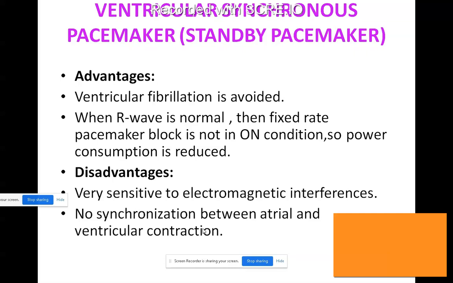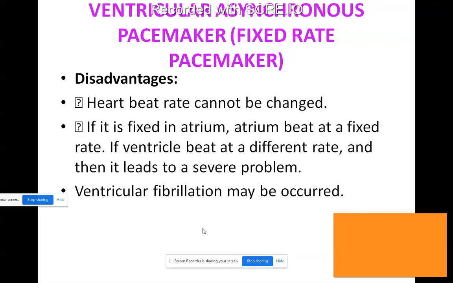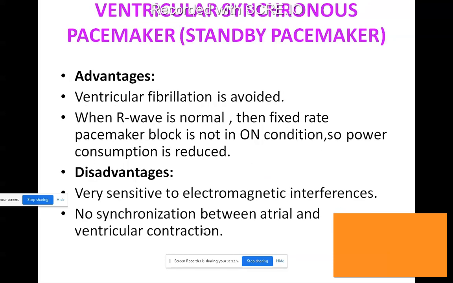The advantage of the ventricular synchronous pacemaker: in the fixed rate mode you would be using ventricular fibrillation, but here there is no need for it. When your R wave is normal, the fixed rate pacemaker block is not on, so power consumption is reduced.